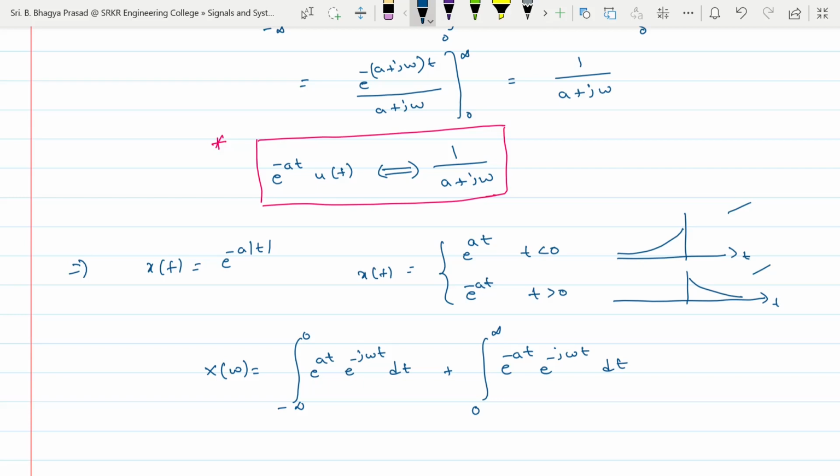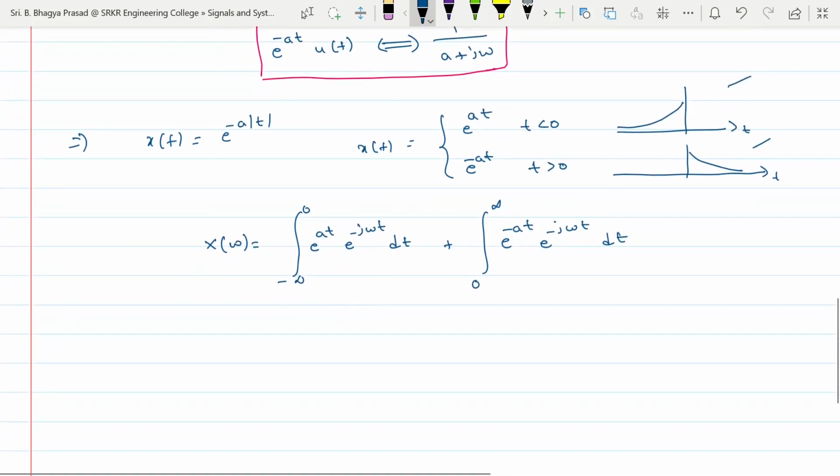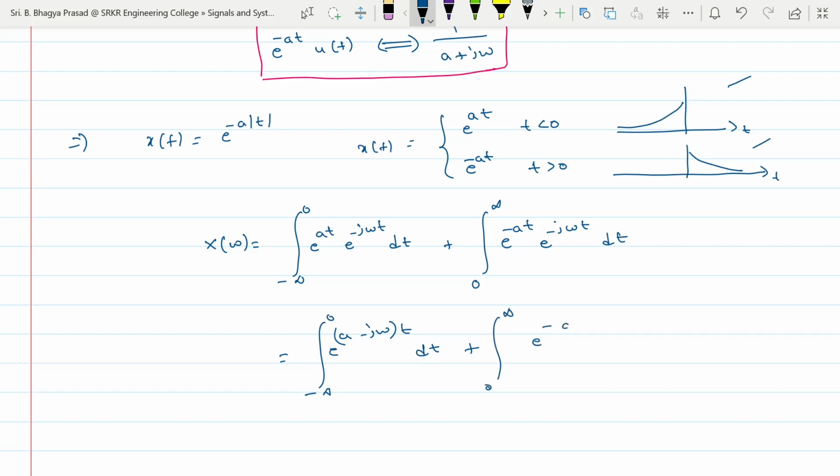Like solving the previous problem, this is the integral of e power (a minus j omega) t dt from minus infinity to 0, plus the integral from 0 to infinity of e power minus (a plus j omega) t dt.